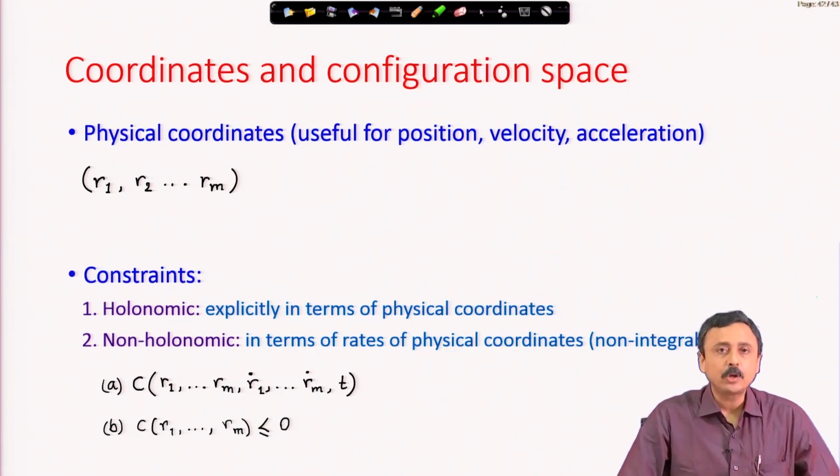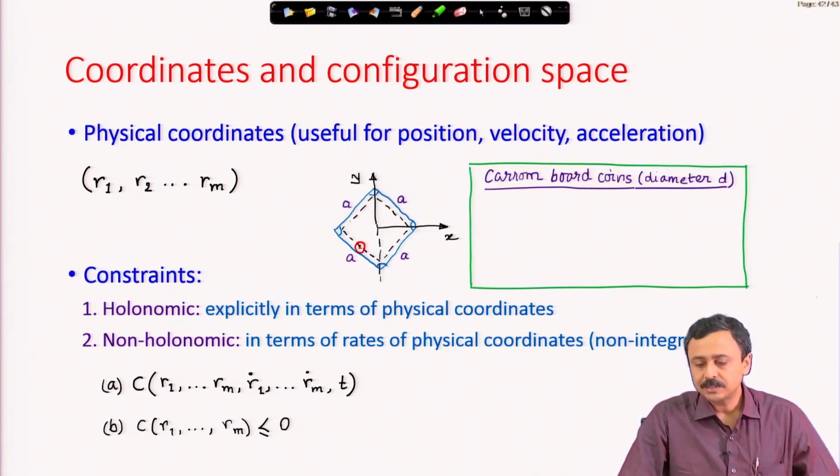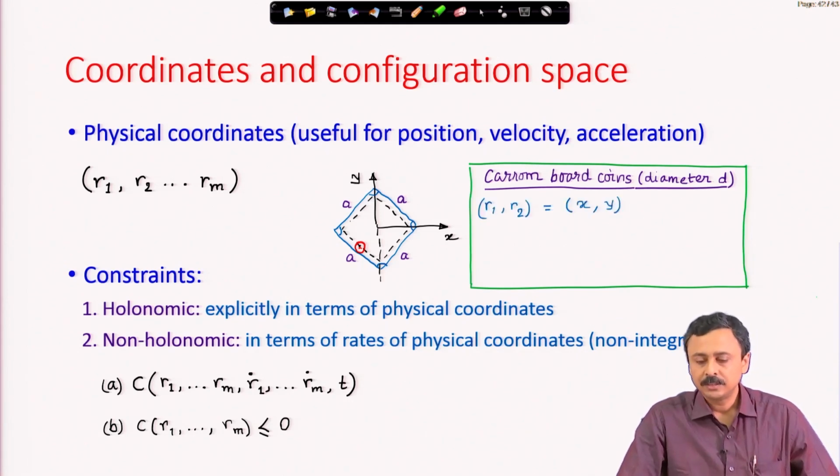There is another type of non-holonomic constraint which is of inequality type. An example is a carom board coin of diameter d, which will move on the carom board, and the center of that coin can move only within that dashed square.